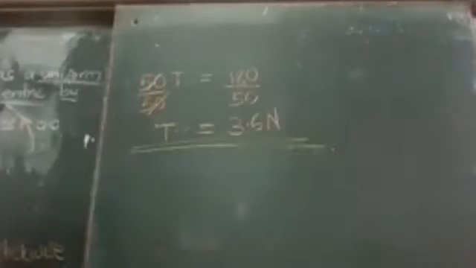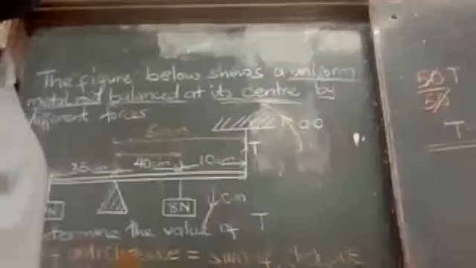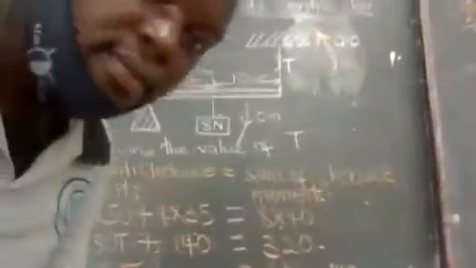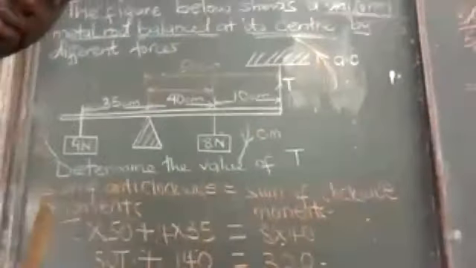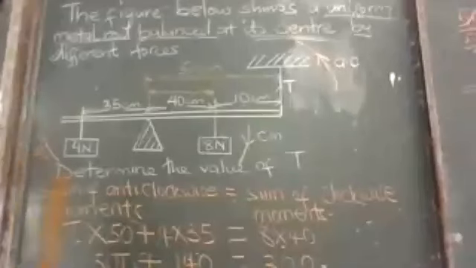Now I'm going to ask you something. We have ignored a certain force on that meter rule, and it is because of that word uniform. Uniform meter rule, and where the meter rule has been quoted. So anybody who can tell me what force we have ignored and the reason why we have ignored it?